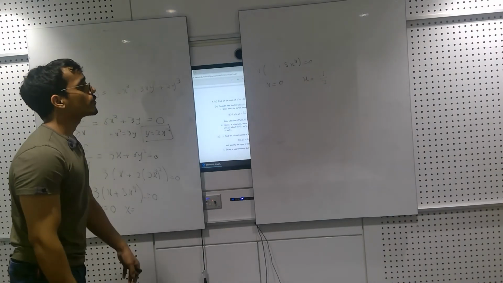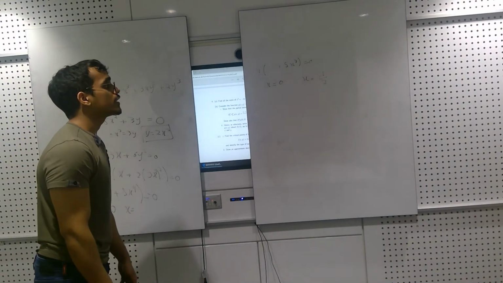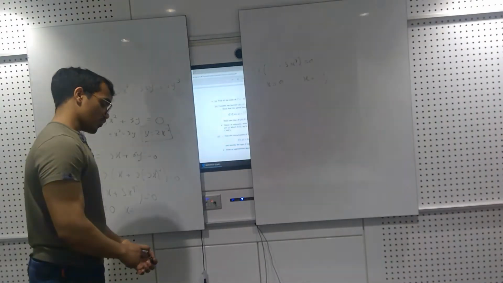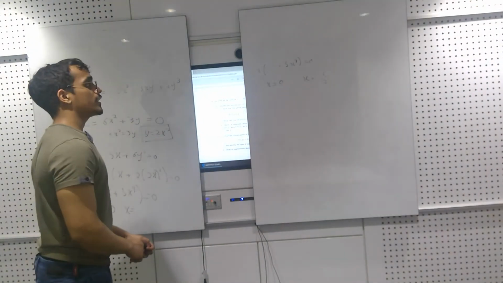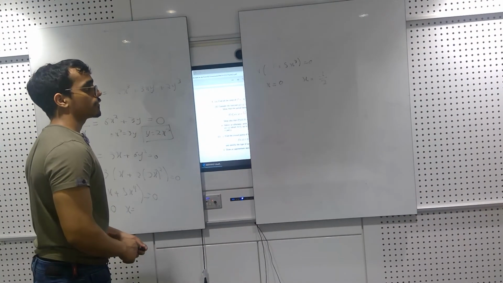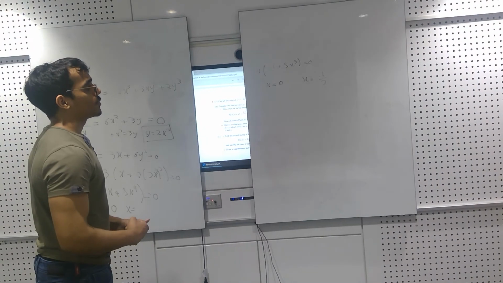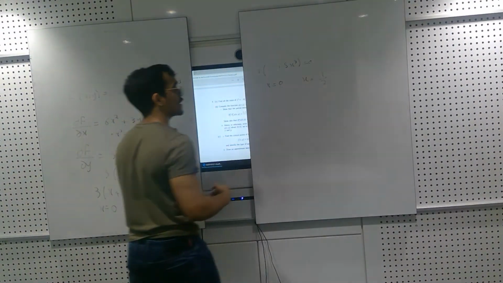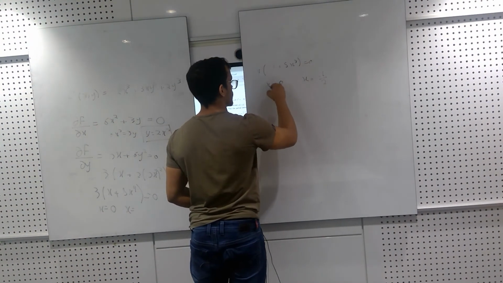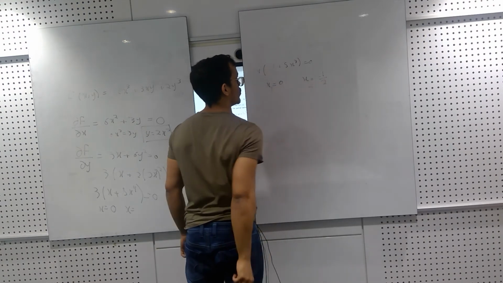Yup, -1/2, because once you cube it, it will give us -1/8, and -1/8 times 8 is equal to -1, and -1 plus 1 will be equal to 0. So either x1 is equal to 0 or x2 is equal to -1/2.